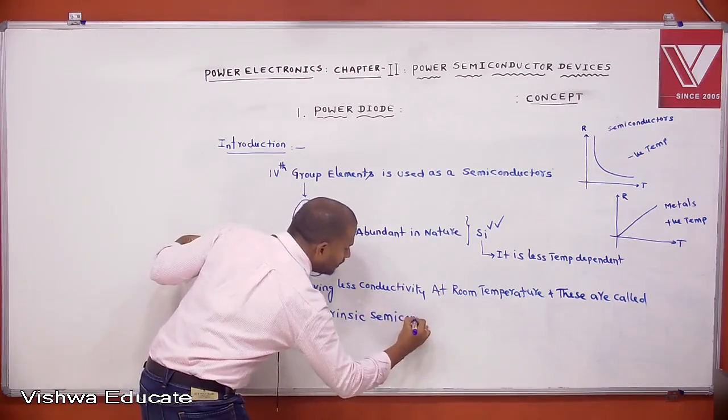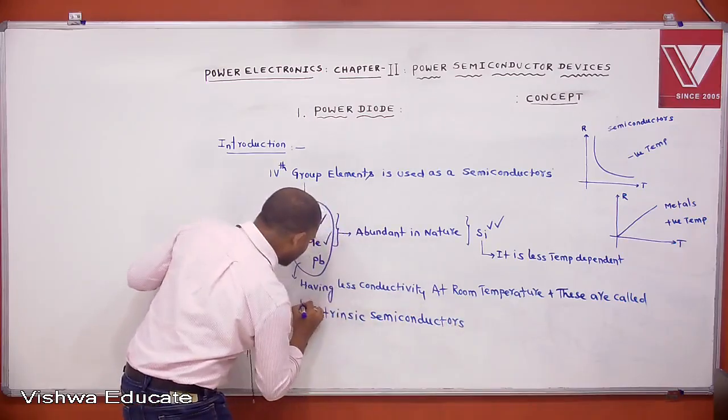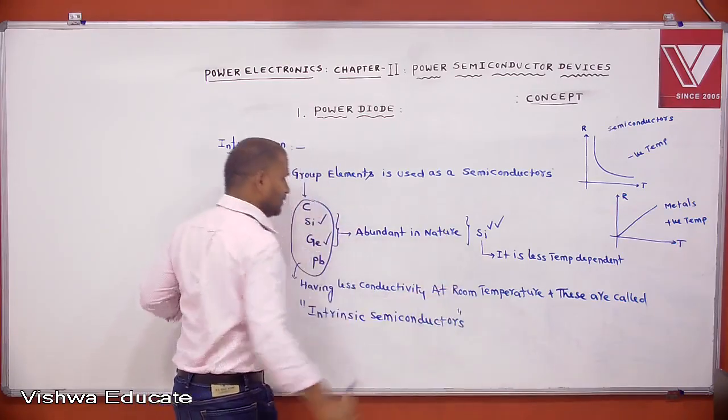These are called intrinsic semiconductors, having less conductivity at room temperature.